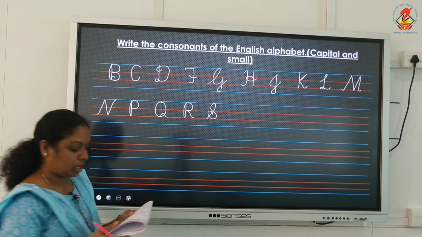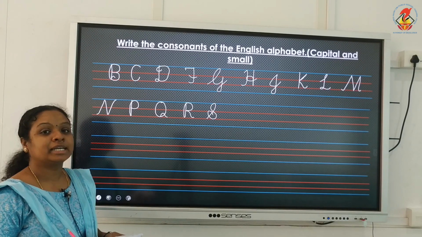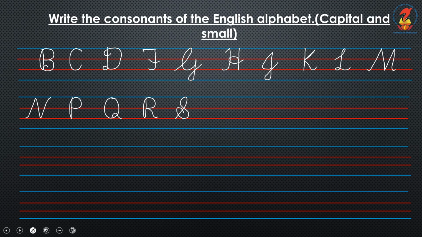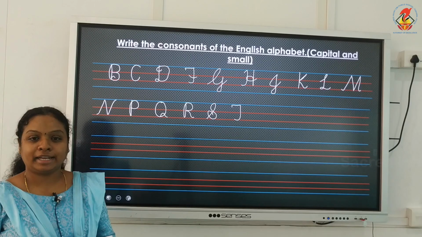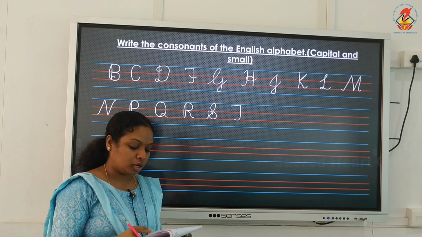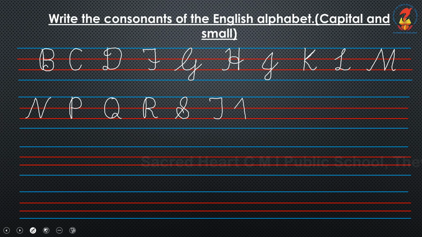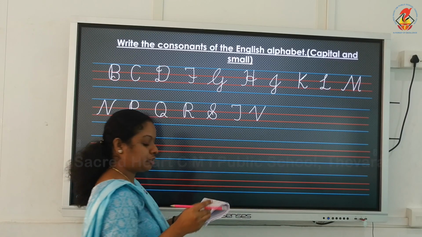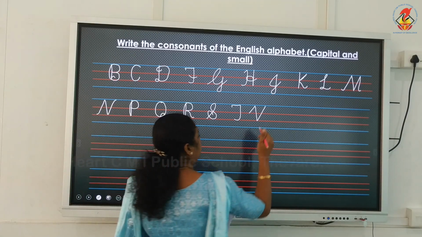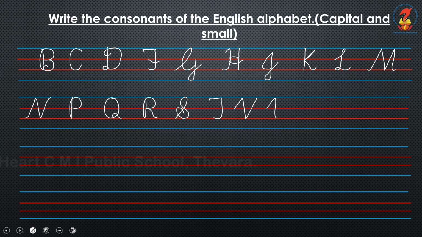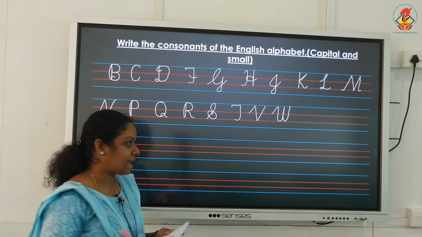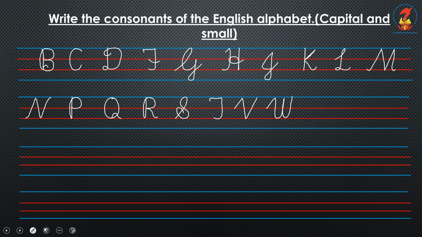S. Okay. So after S, T. T. Then U is a vowel. So after U, V. So write V. V. Then after V is W. W, after W, X. You have to write along with me, okay children?